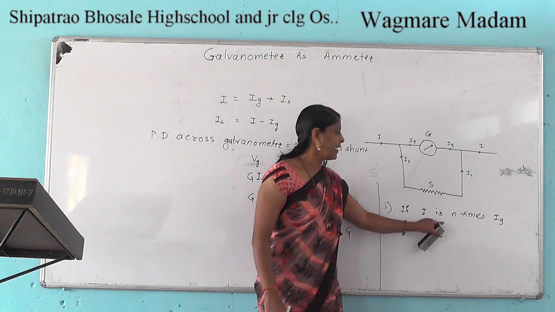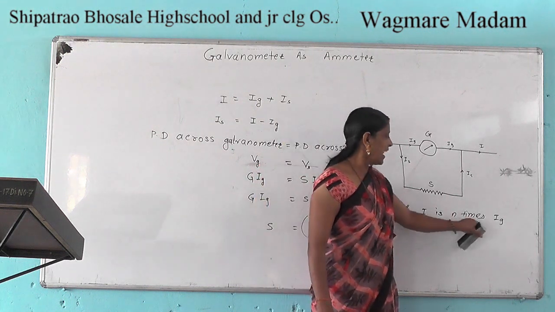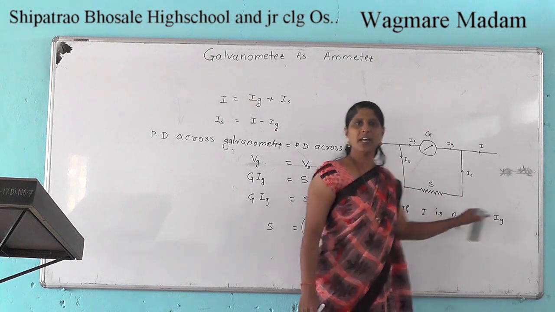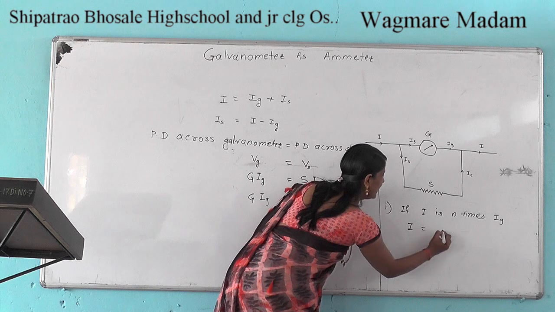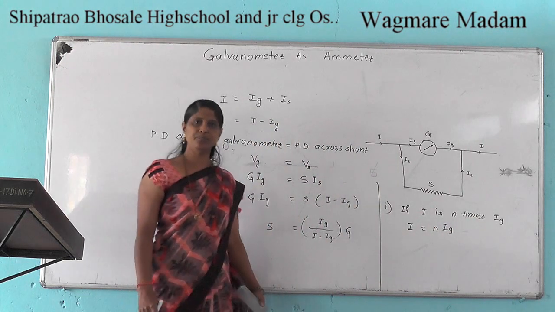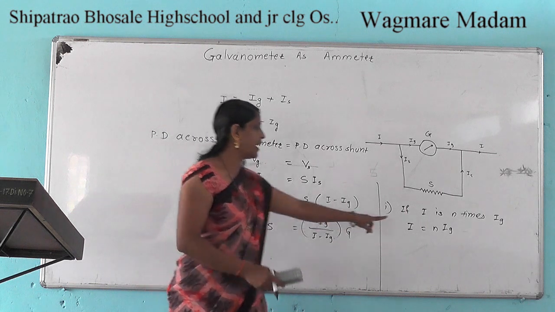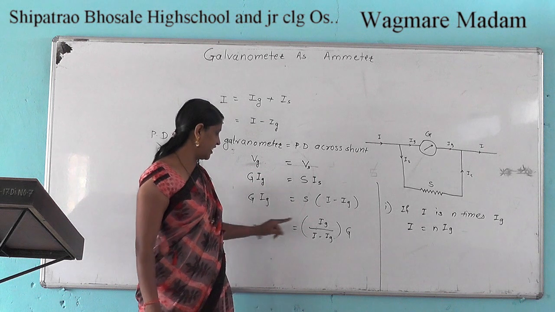I is the current passing through the circuit, which is N times the current passing through the galvanometer. Therefore, we can write here I is equal to N into Ig. Put this value in this equation.